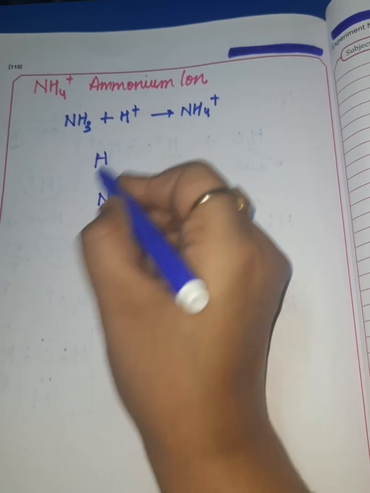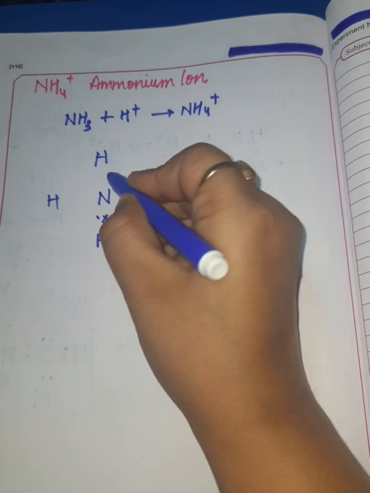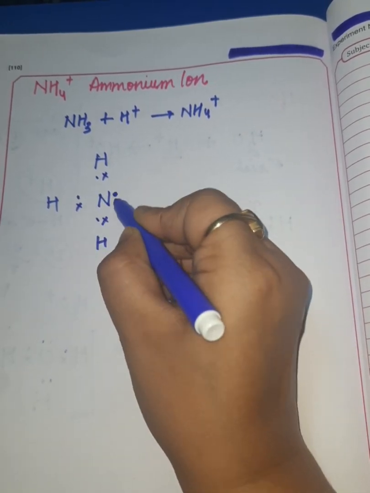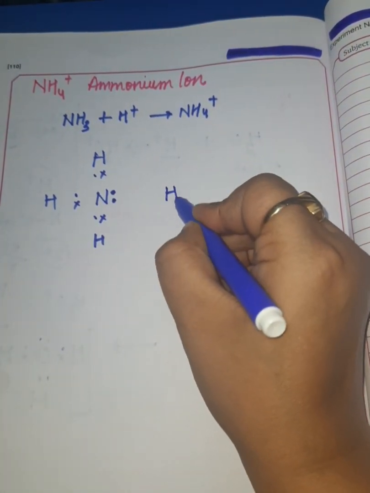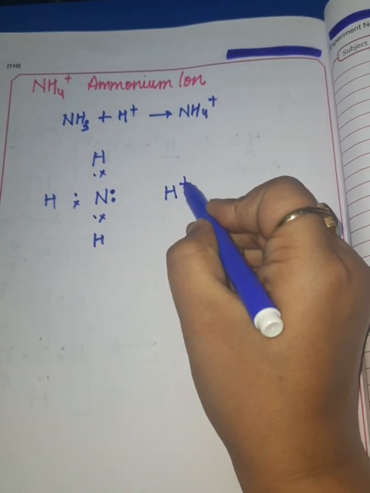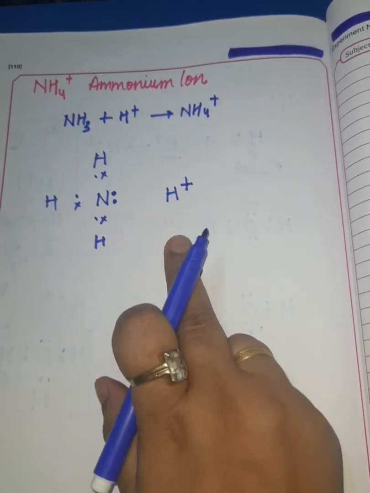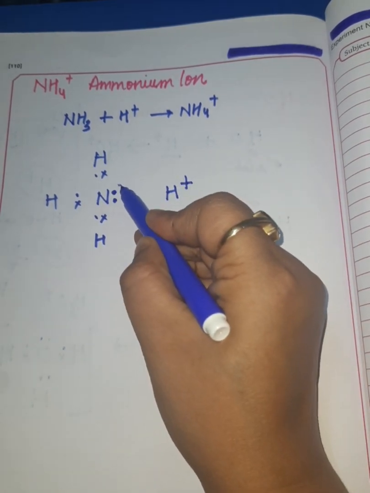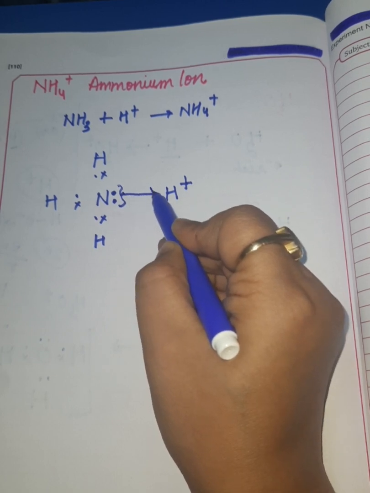In ammonia, nitrogen is bonded with 3 hydrogens with shared pairs between nitrogen and hydrogen, and then nitrogen is left with a lone pair. So when H plus comes in contact with this ammonia molecule, as I have told you, H plus is none other than a proton. It can get stability when it gets the duplet. In order to get the duplet, ammonia shares the lone pair of the nitrogen with the H plus.